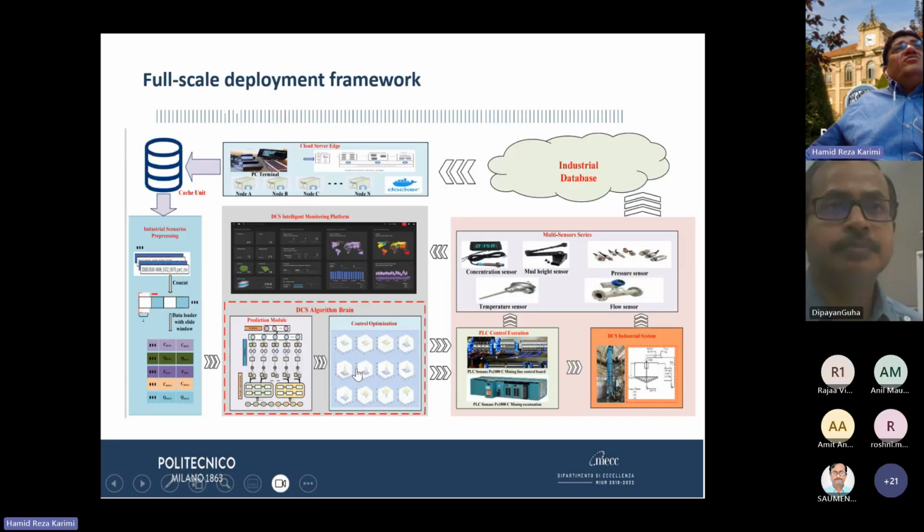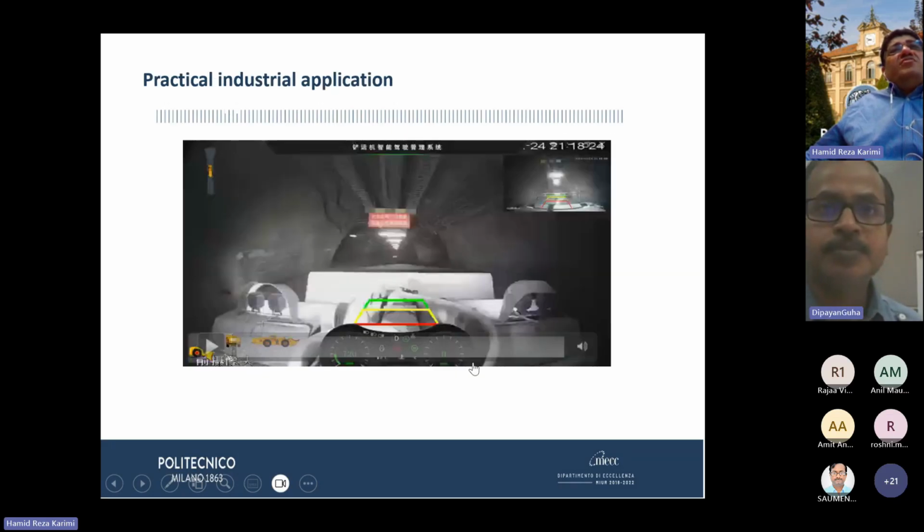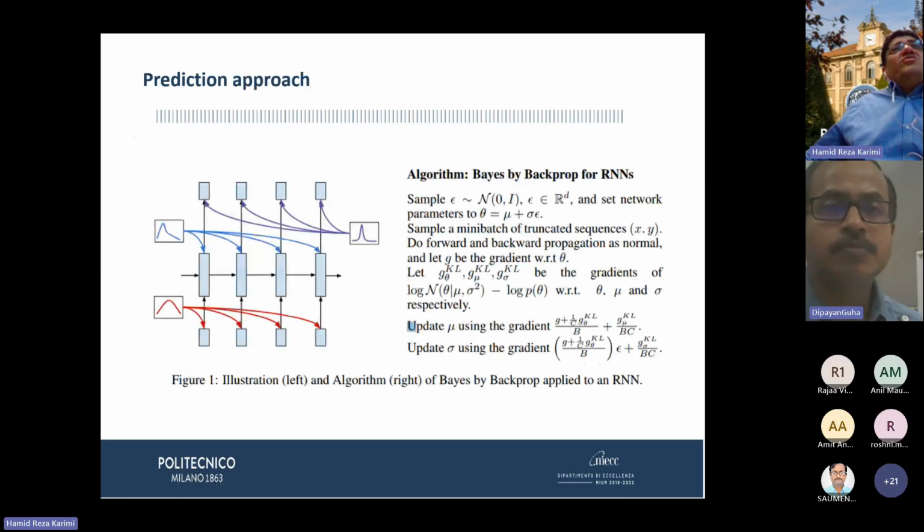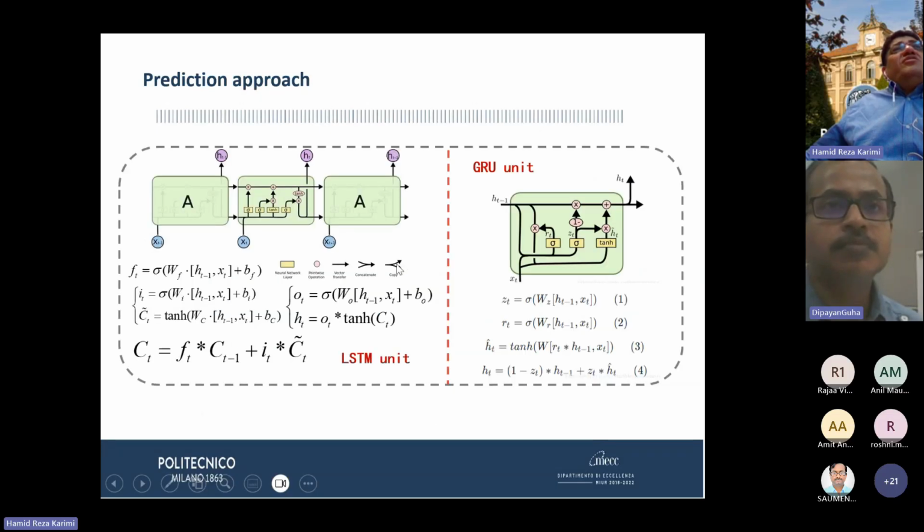Here we have also tested some applications, but this was a PhD thesis for my student. We have also used a lot of prediction approaches, and a lot of machine learning, LSTM and bi-LSTM.